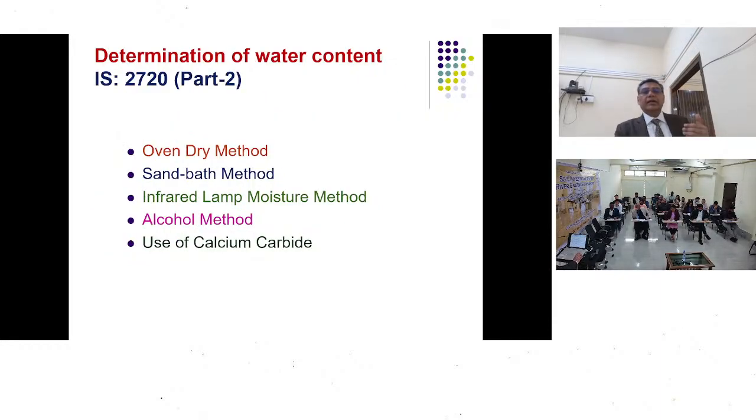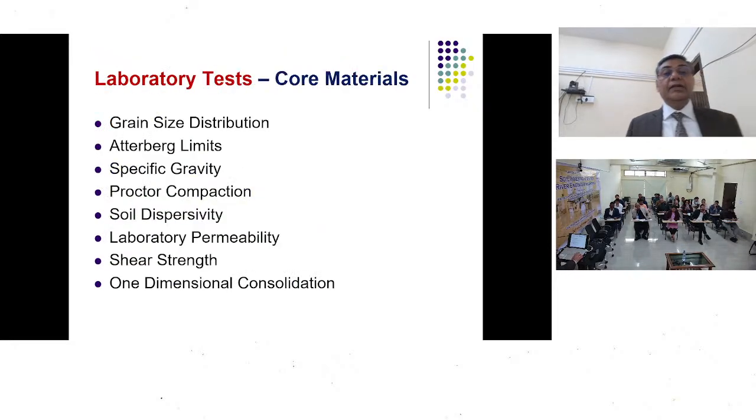I'll not go much into details of determination of water content. It's IS 2720 Part 2, having a lot of methods. The alcohol method we have removed now during the revision, because we found that people misuse this method.